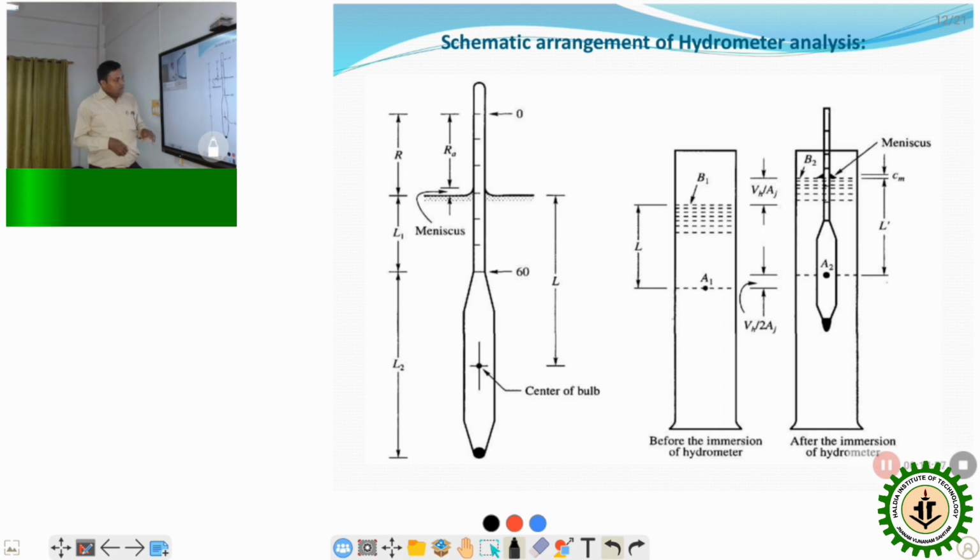After preparing the soil suspension, which includes the dispersing agent, the dry soil sample of 50 gram with particle size less than 75 micron, and water, this suspension will be placed in a jar or measuring cylinder, made of glass, obviously.